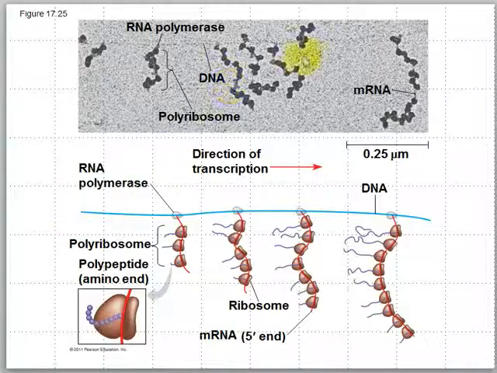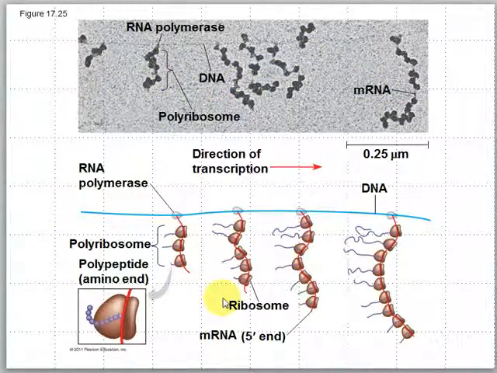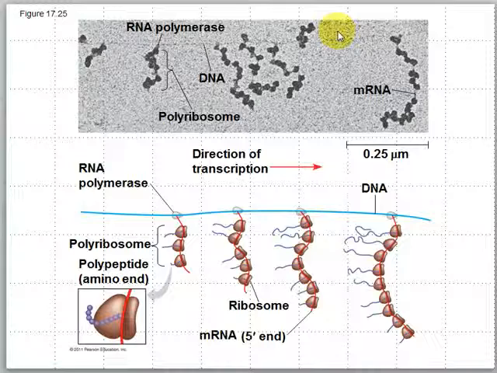Another great example, an actual photograph taken from a microscope and an illustration, would be in bacteria, where we have the DNA strand, that very thin strand you can see up there, and we have RNA polymerase creating the messenger RNA. So we have transcription going on, and look, there are ribosomes attached to that messenger RNA as it's being created. So they're doing translation. It's like they're both happening at once.